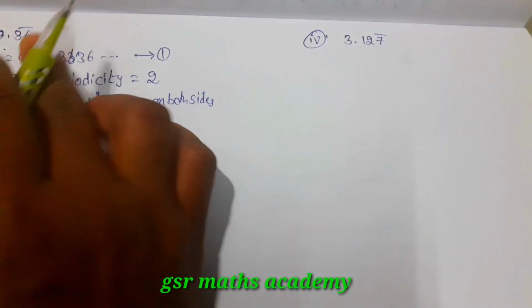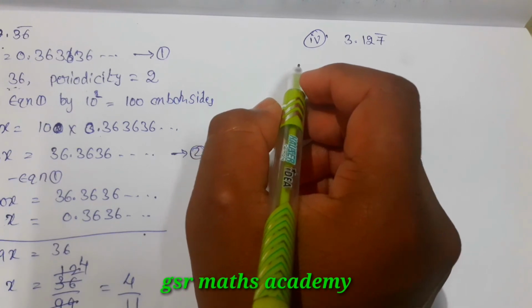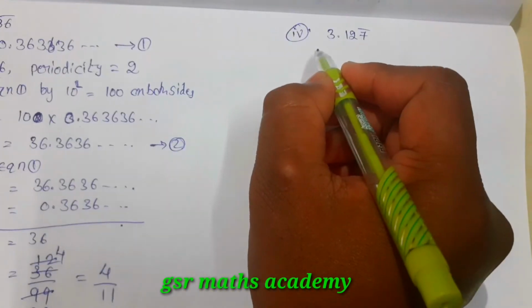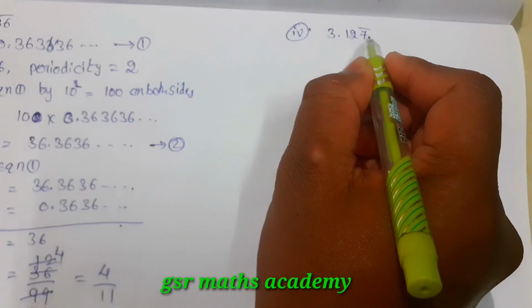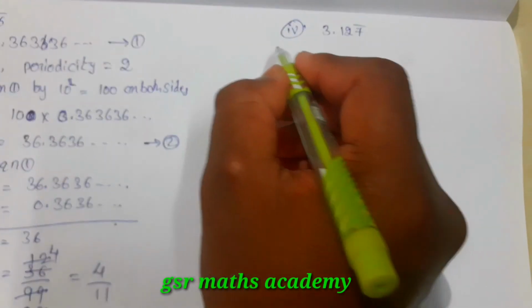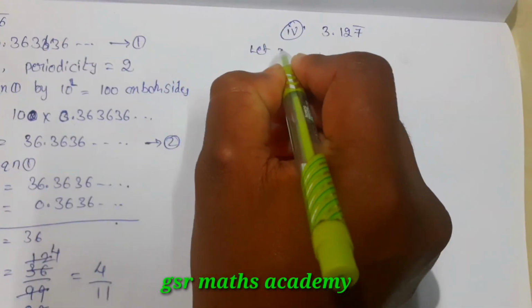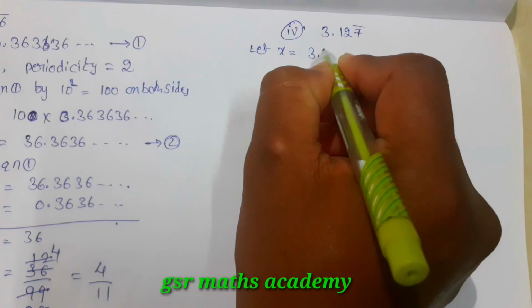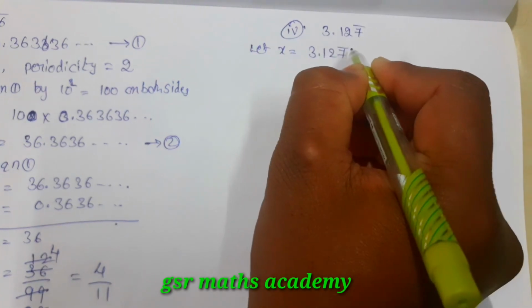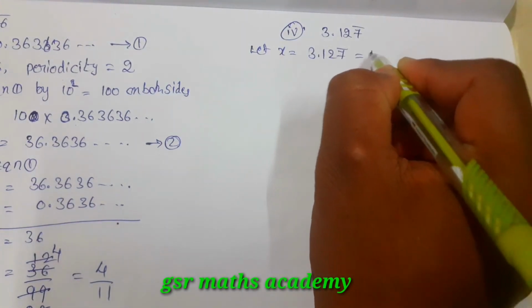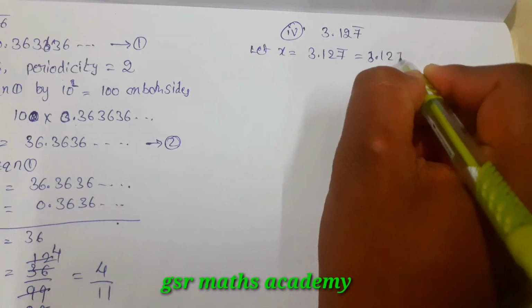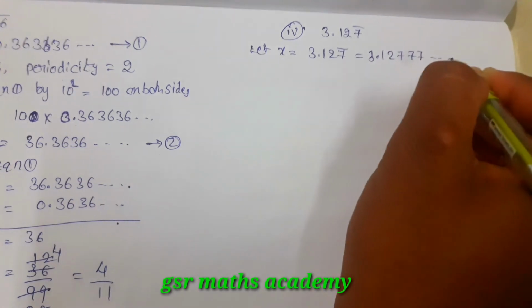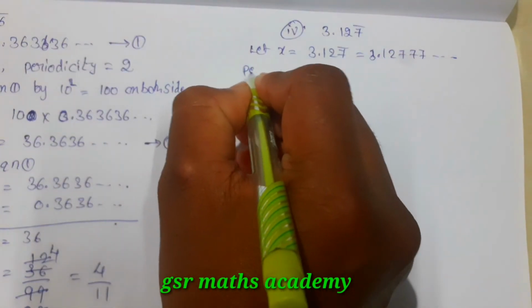Now let us take the last question in this bit. We have been given 3.127 bar for 7. So I'm going to take x is equal to 3.127 bar for 7, which can be written as 3.12777 and so on. So here what is the period?